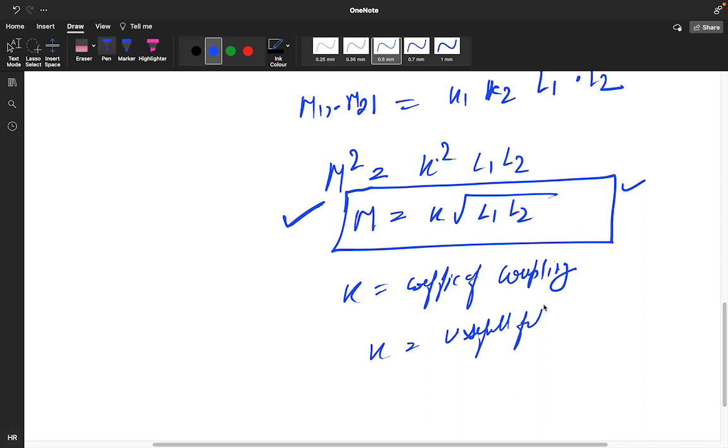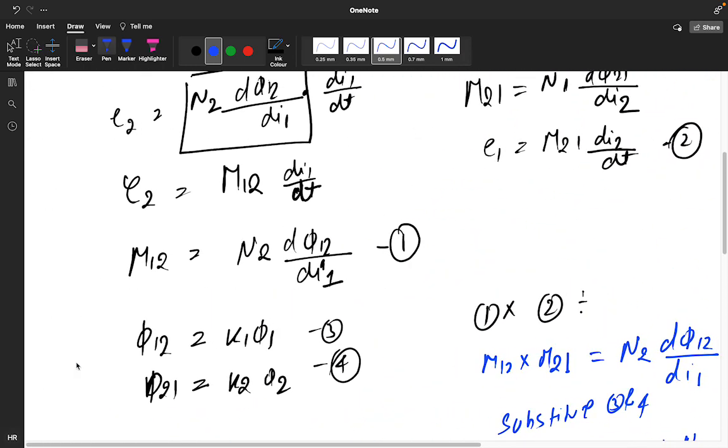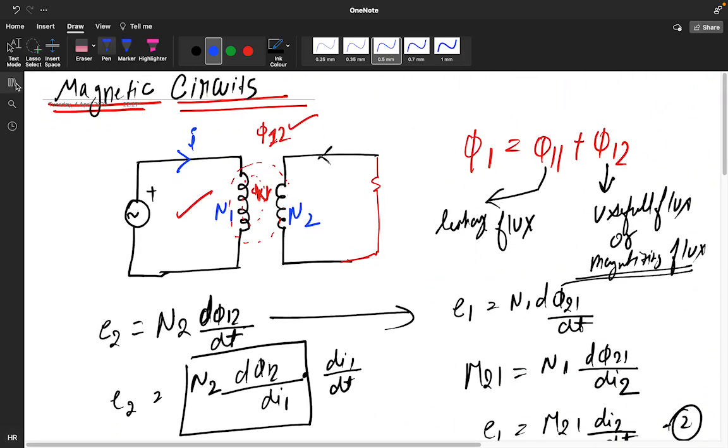The value of K will lie between 0 to 1. Okay, now I'll tell you in detail. Don't get nervous because these things are not too complicated.